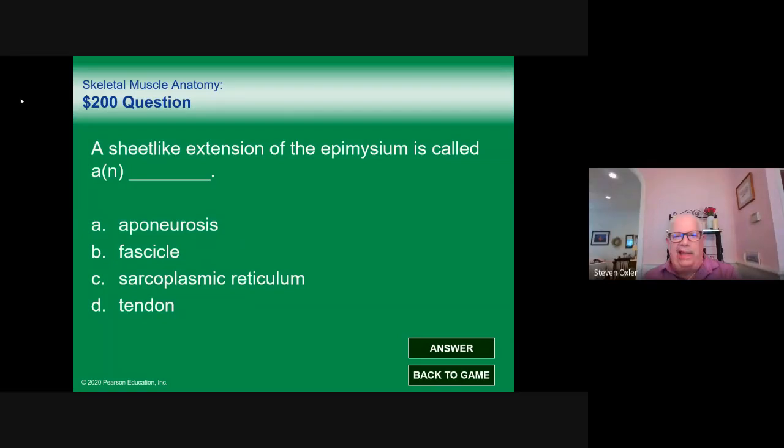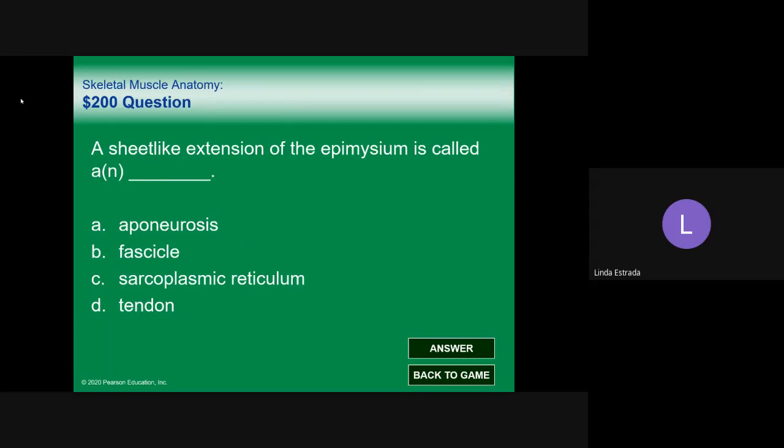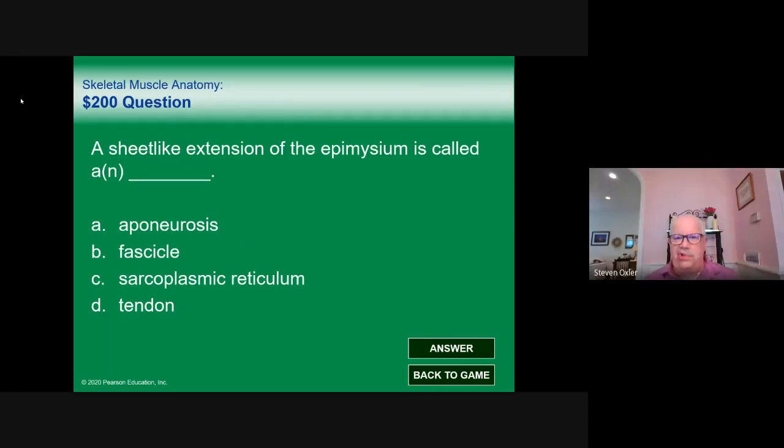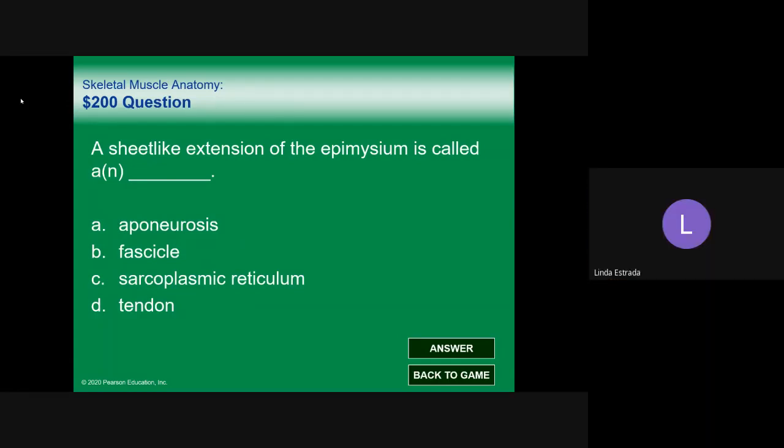A sheet-like extension of the epimysium is called. Now we didn't talk about this, but what is the epimysium? Where is that in relation to the muscle? Is it on the inside of the muscle or the outside of the muscle? Outside. Okay. Is it muscle tissue or is it connective tissue?